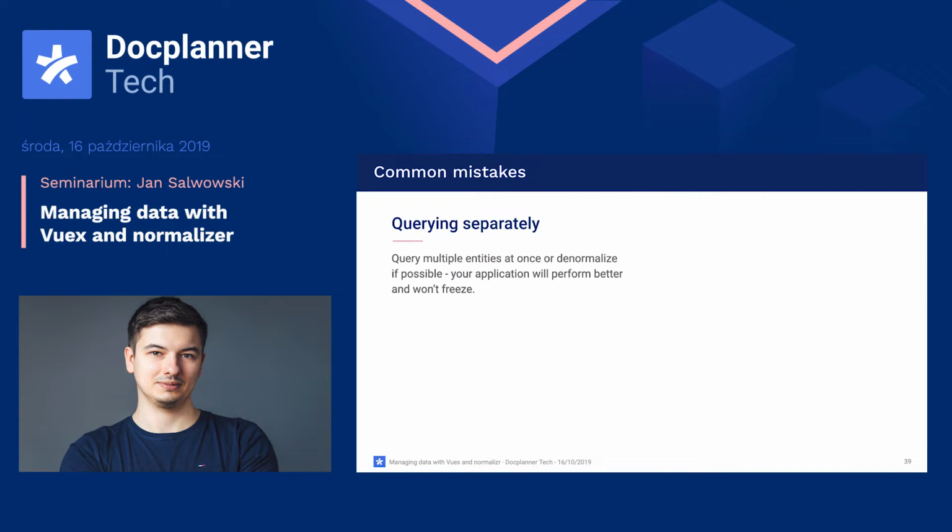When you have a Vue application, you have many views, and you can query your data separately. Like, you have a post, and there are like 100 comments in the post, and you render it with the v-for.